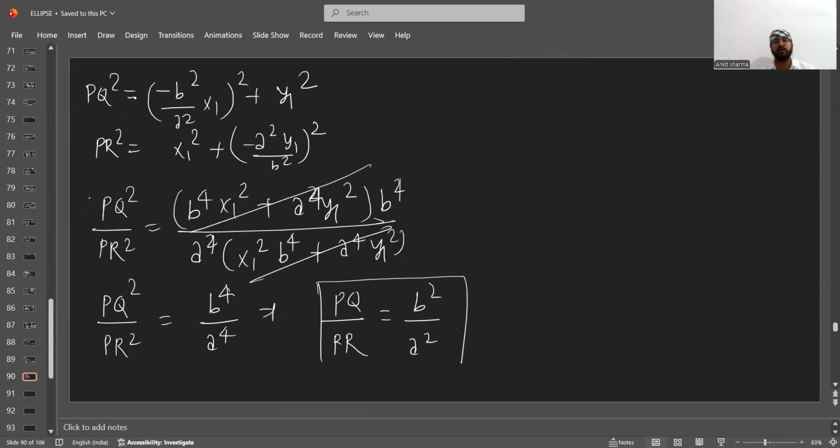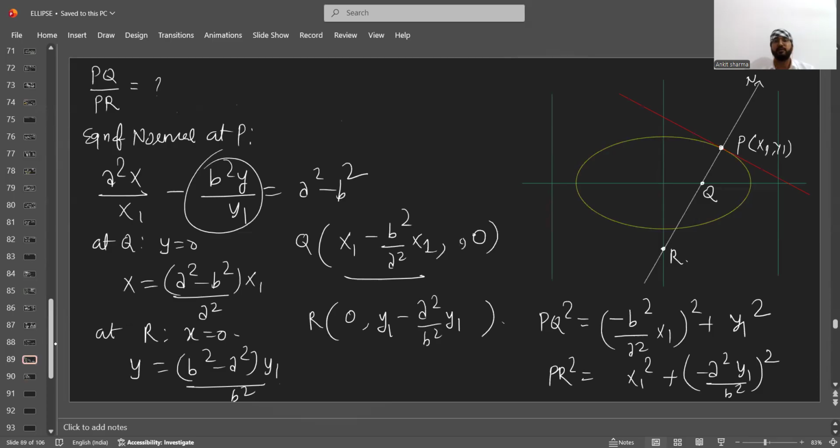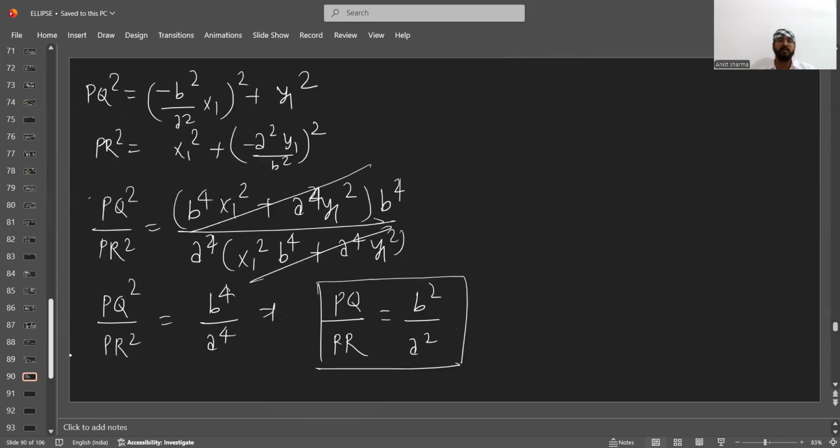This is very important in determining the eccentricity of the ellipse. So if we have the normal here, and this meets the major axis at Q and minor axis at R, so PQ over PR would also give me eccentricity, because we know e square is equal to 1 minus b square over a square. So which means b square over a square could be written as 1 minus e square.